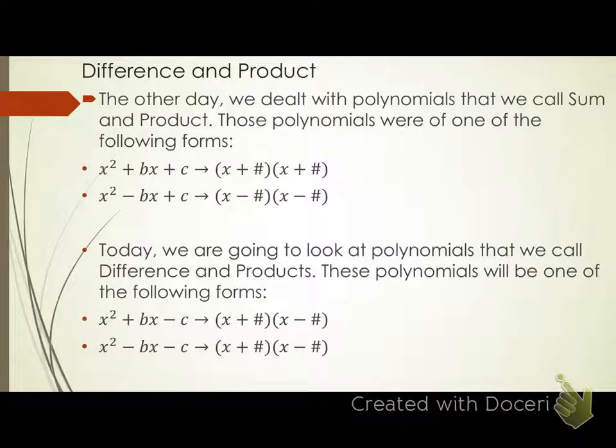So Tuesday, the other day, we dealt with polynomials that we call sum and product, because that second sign was a plus sign. So sum, and then it turned into a product over here. That's why they were called sum and products. So those polynomials that we dealt with on Tuesday were of one of the following forms.